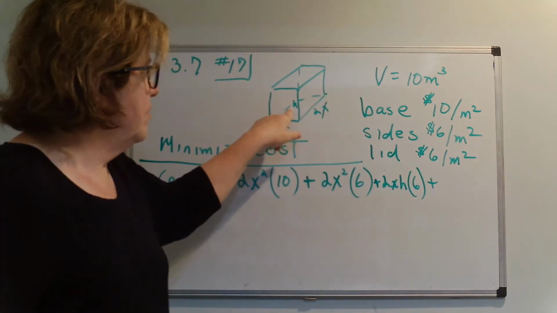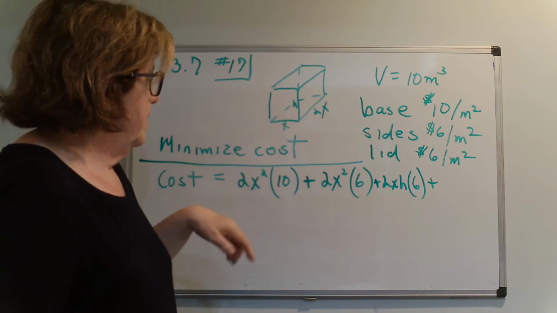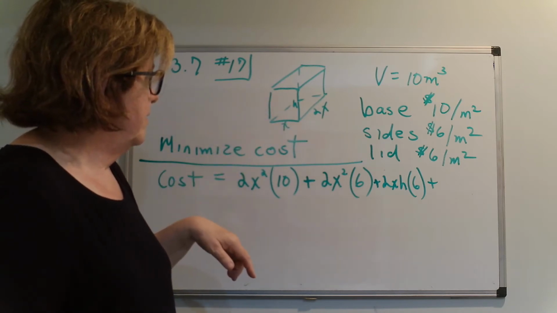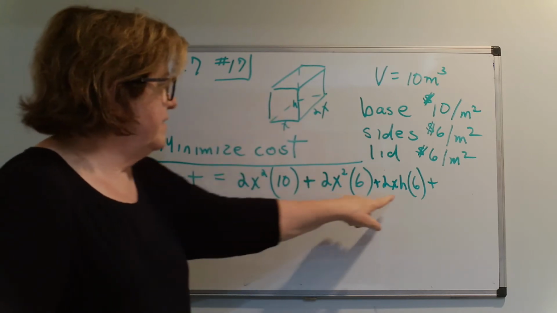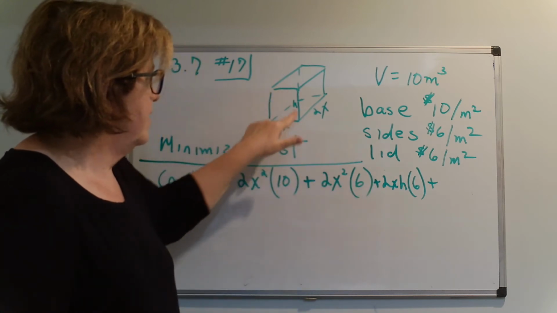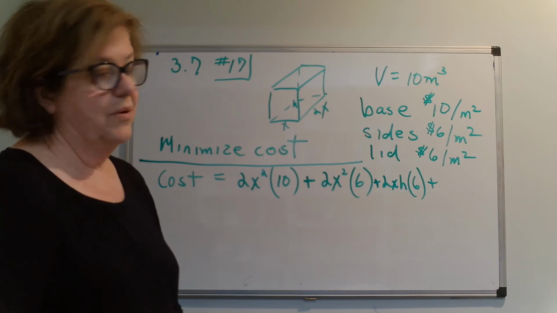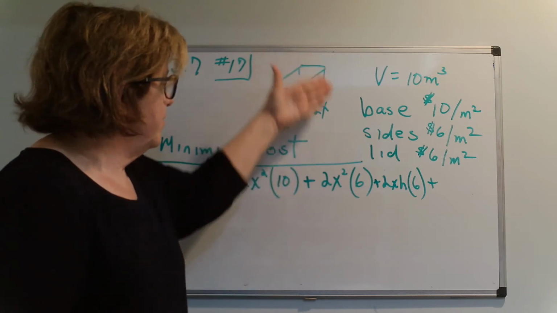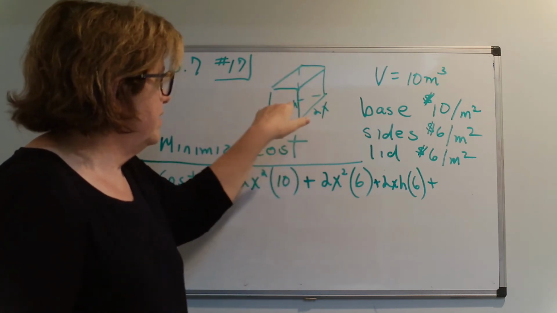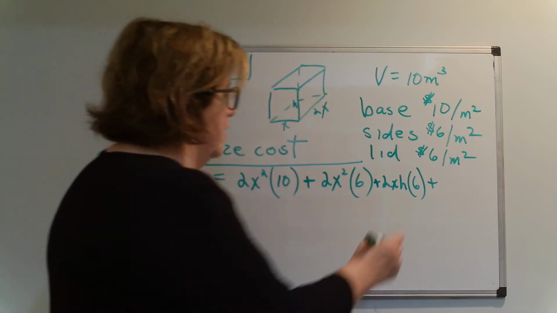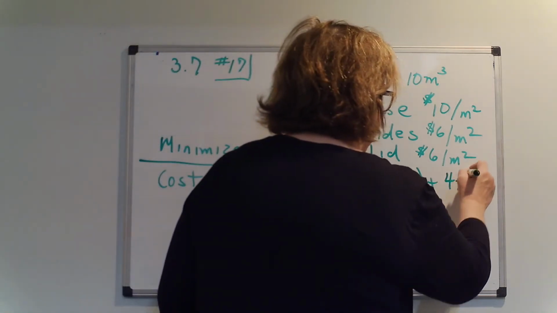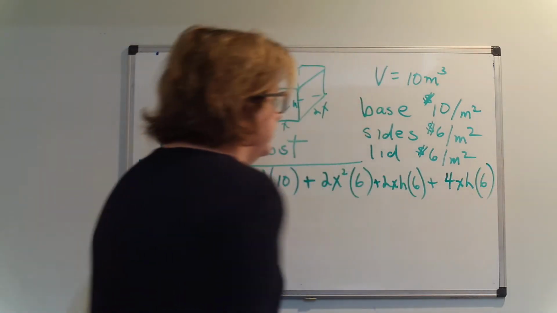This term was this side plus the opposite side at $6 per square meter. Now this side is 2xh, but there's two of them, so that's 4xh times $6.